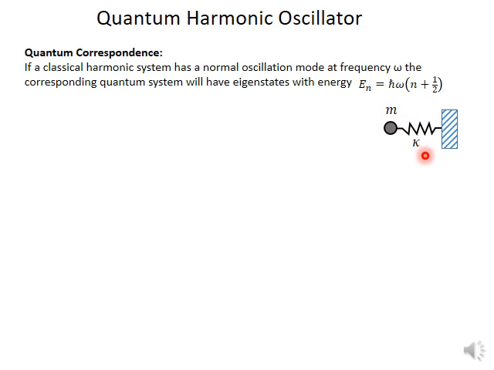So we consider a simple mass spring system with mass m and kappa as the spring constant. Then you can construct a Hamiltonian for this system given by the kinetic energy part and the potential energy part, where you have two dynamical variables here, the position and the momentum, and both of them do not commute with each other, as you well know.